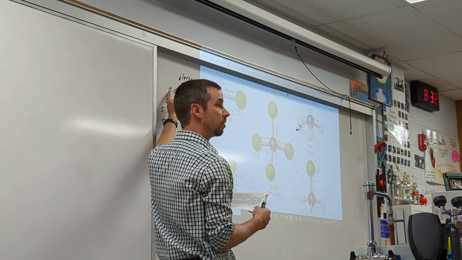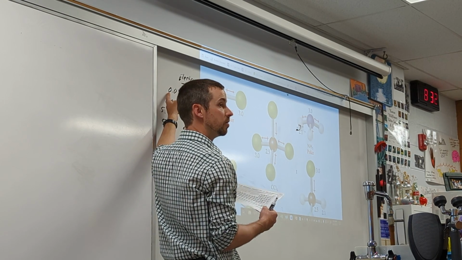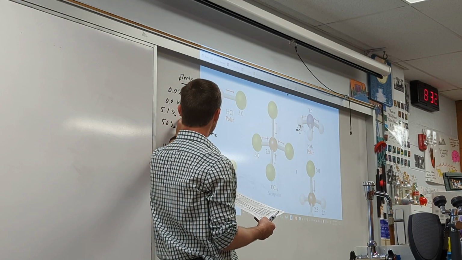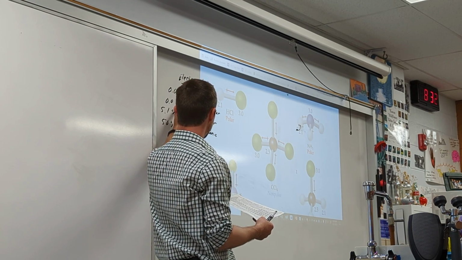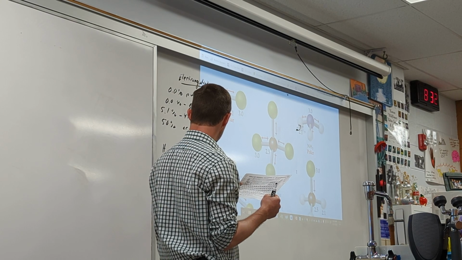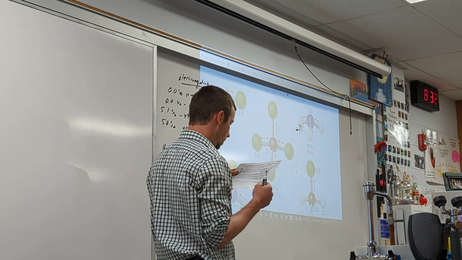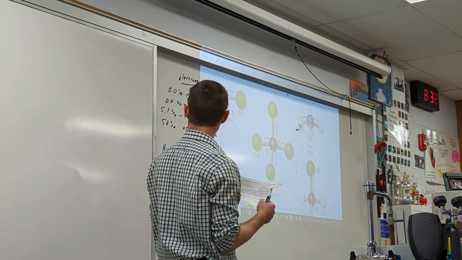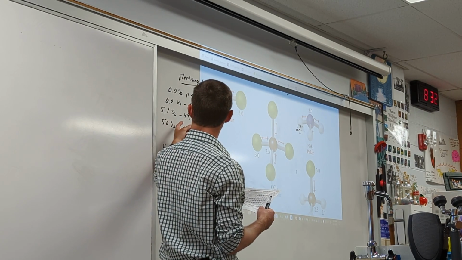This would be homonuclear diatomic, like H2, O2, N2, etc. Are we here or here for CO2? I think officially it's 0.89, which gets us 0.9. I get 19%, so we're still 20%, which puts us in here.